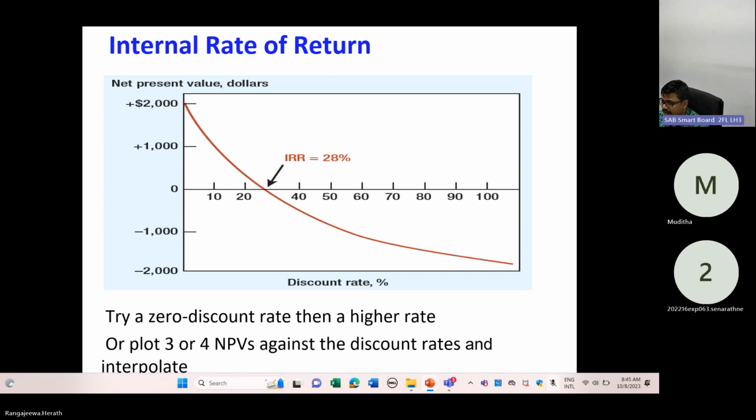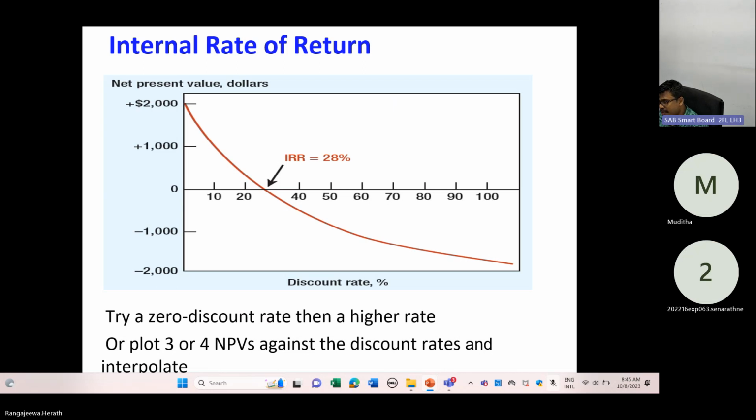Can you see the IRR? When you plot NPV in a diagram under different discounting rates, you know that when the discounting rate increases, net present value decreases. Same cash flows.